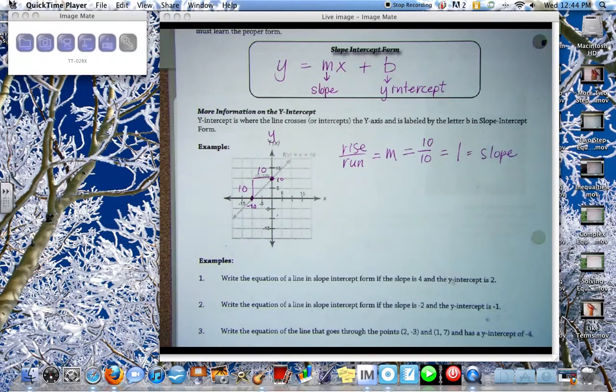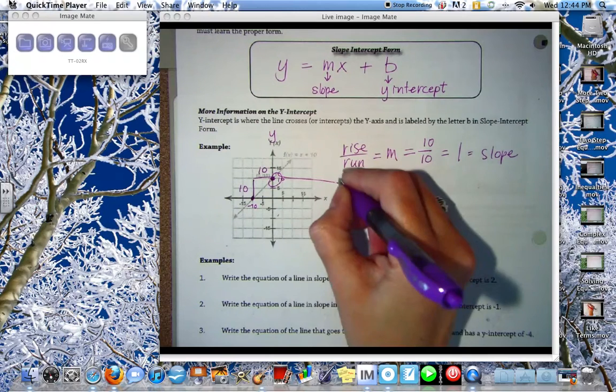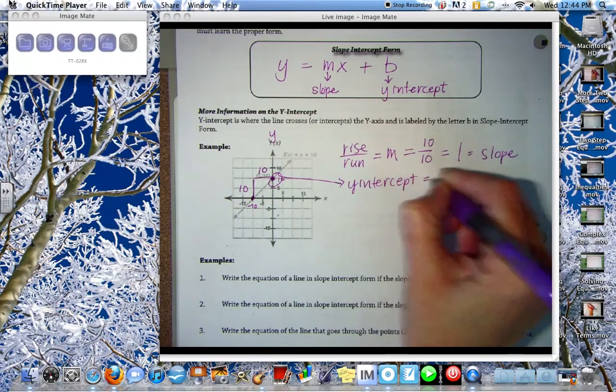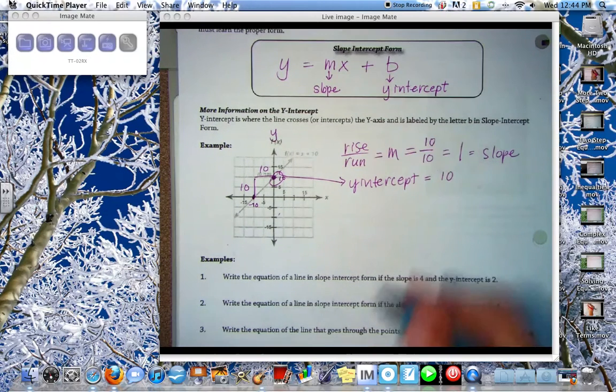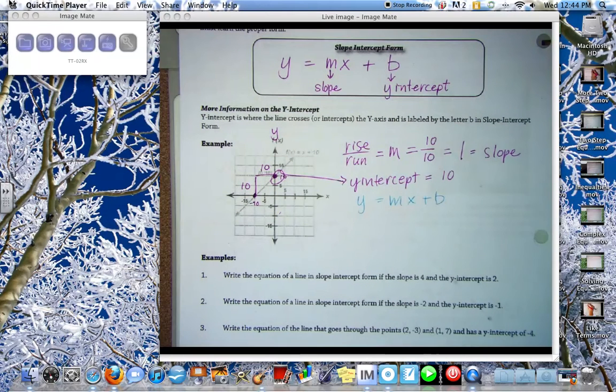What's the value of the y-intercept? Where does it hit the y-axis? At 10. This right here is the y-intercept, which is equal to 10. So in slope-intercept form, y equals mx plus b, I can write the equation for this line.